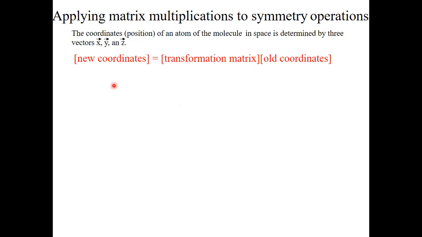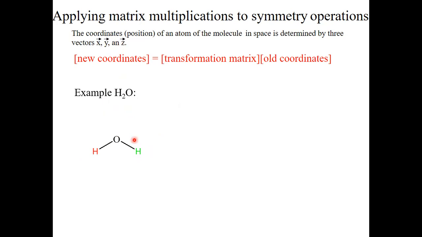All right. Now, coordinates can be described by 3 vectors that point to the respective point in space. And we can apply this principle now by a concrete example. We choose our water molecule here.